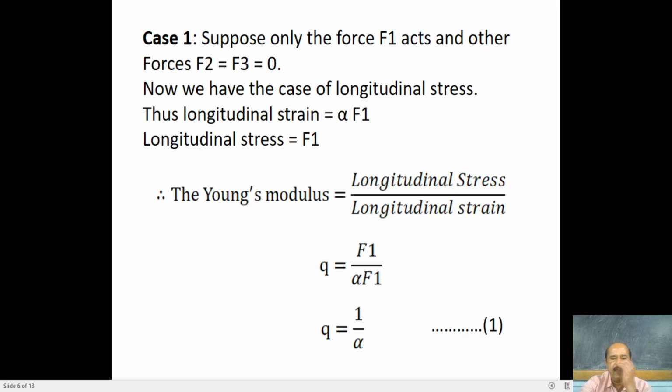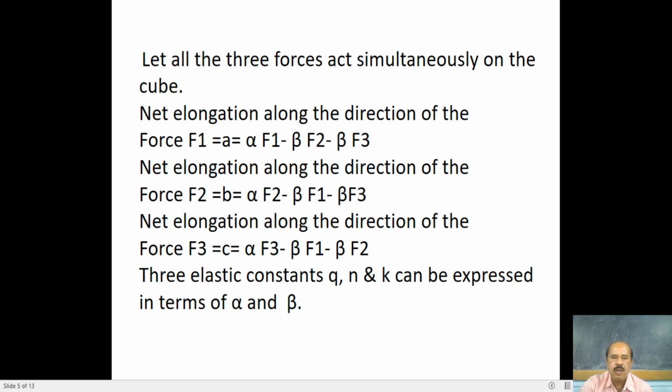We can define Young's modulus as longitudinal stress by longitudinal strain, that is Q is equal to F1 divided by alpha into F1, where F1 gets cancelled. You will be left with Q is equal to 1 by alpha, where Q is the Young's modulus and alpha is the elongation value. You call this equation number 1.